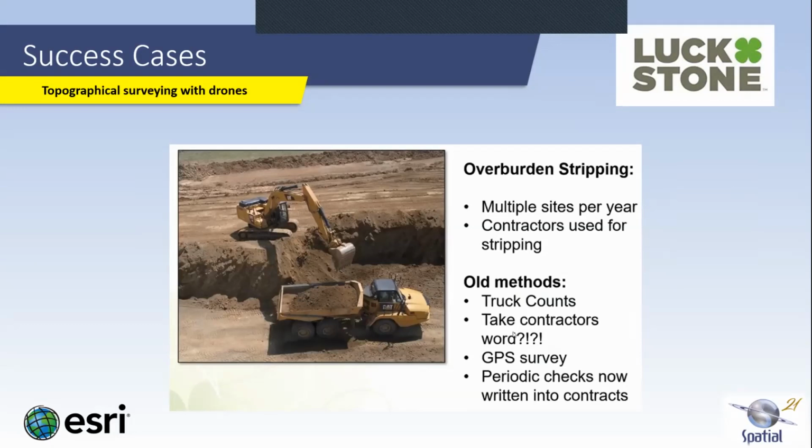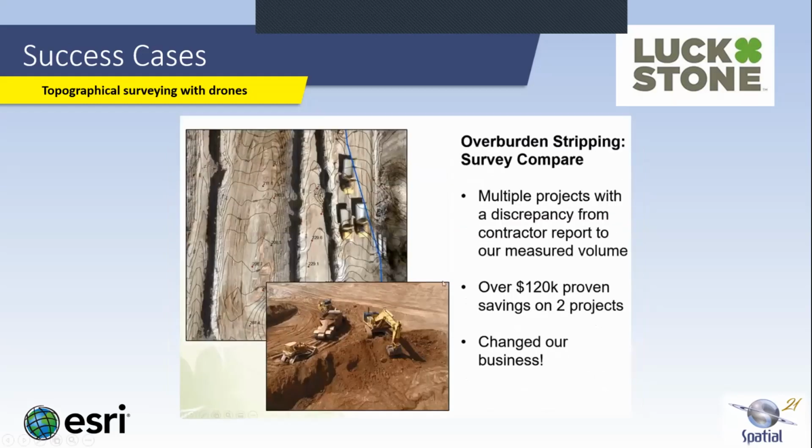Basically the contractor states how much work is done and how much they should be paid. They use GPS and do periodic checks, but they recognized that it was not working for them because they were not operating efficiently.